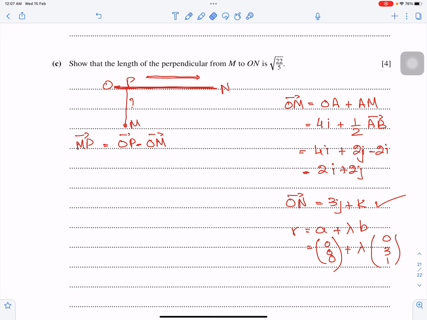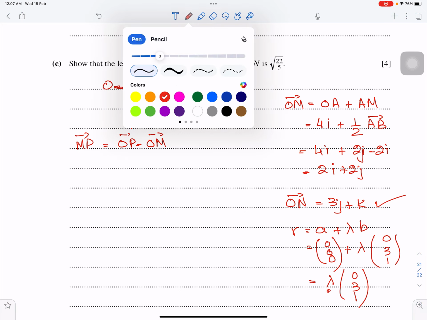So my line will be lambda times 0, 3, 1. This lambda, if you change it, will give you different points on this line.